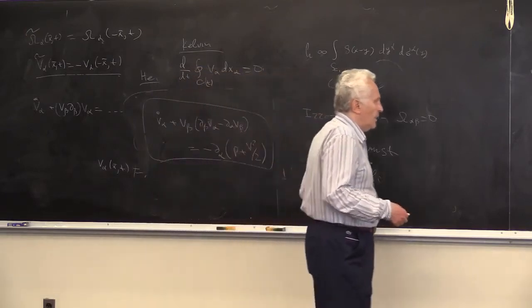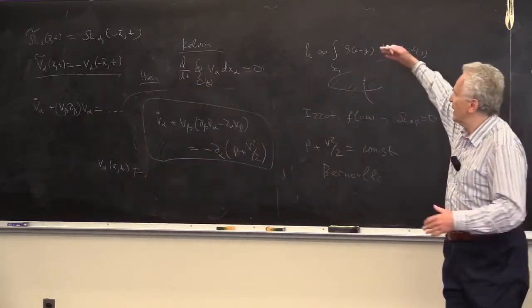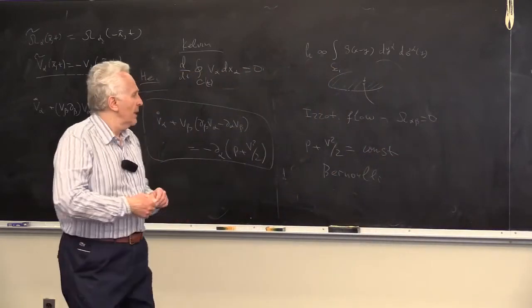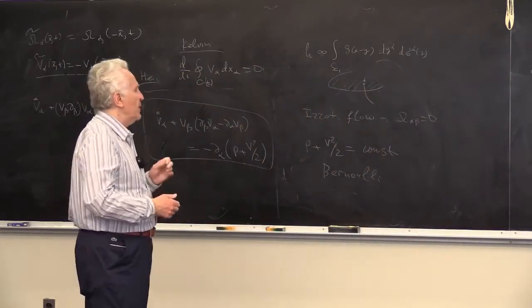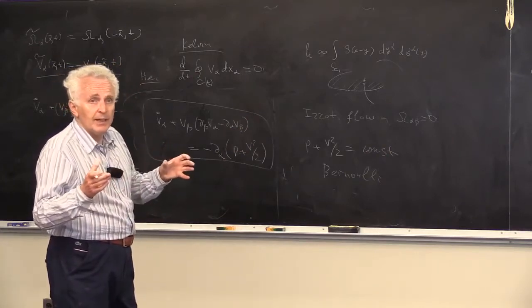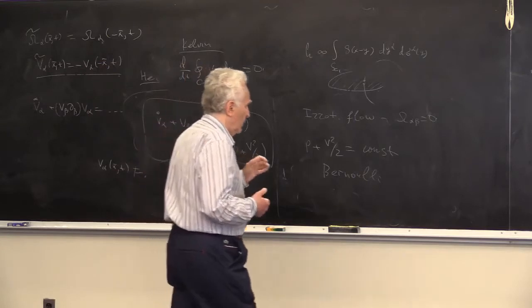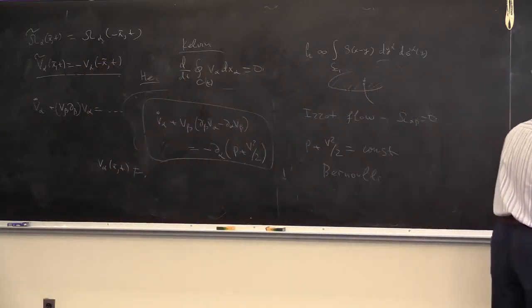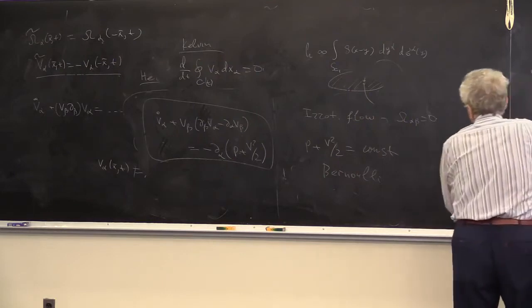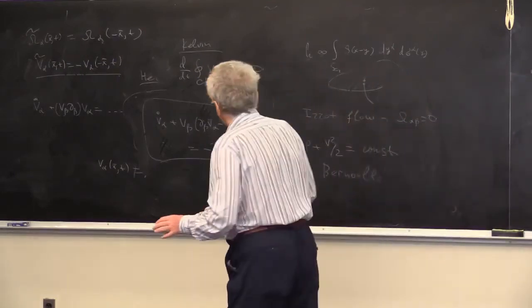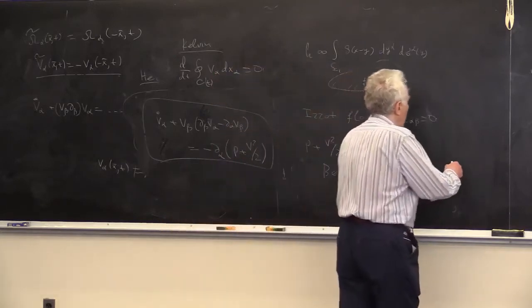And I will tell you all those things like Kelvin circulation, like helicity conservation, like Bernoulli equation, they all are very good for qualitative analysis of the flow, apart from being quite interesting by themselves. And I will give you a simple example. I already mentioned this example briefly before.